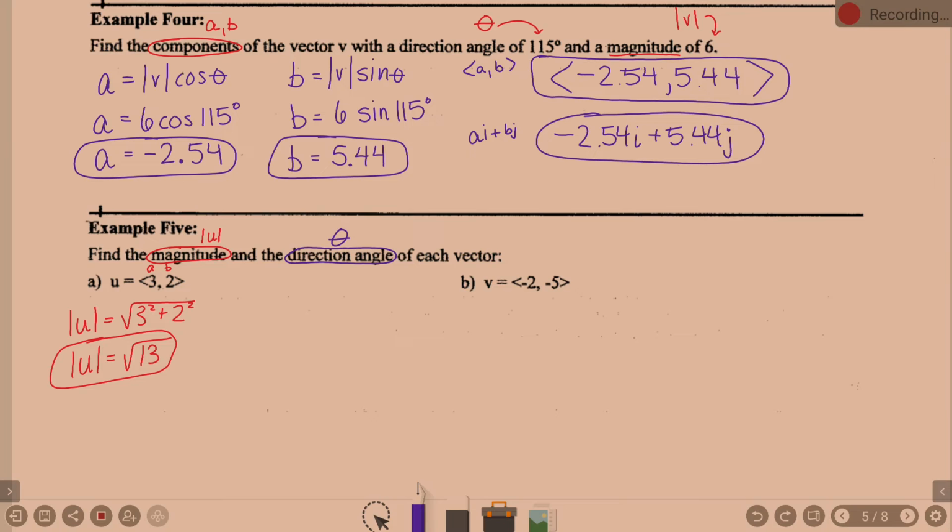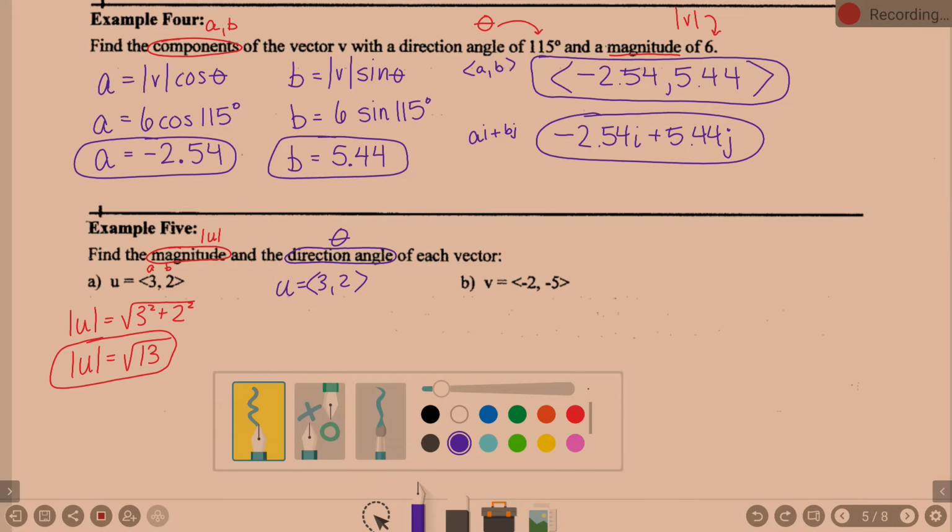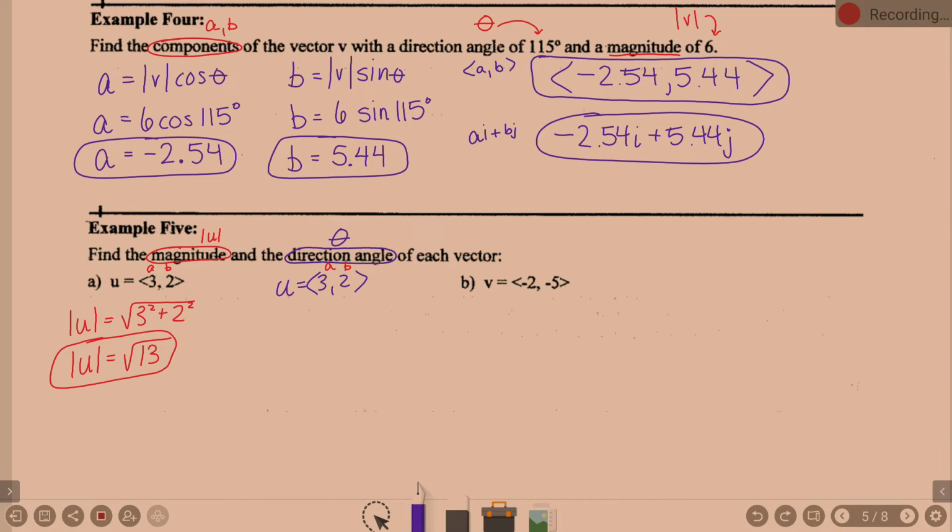Emma had just pointed out that in our vector 3, 2, those are, what did we call those? A and B. And if you go back, we have formulas for A and B, right? We have a formula for A, our horizontal component, and a formula for B, our vertical component.